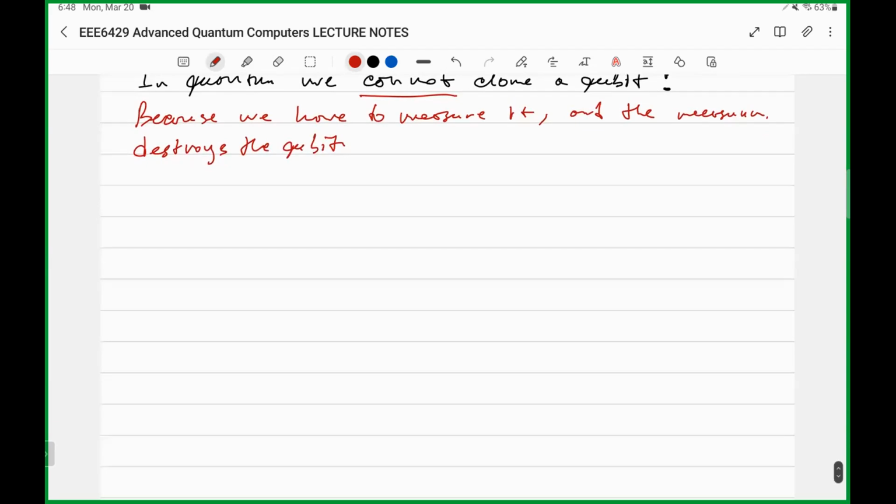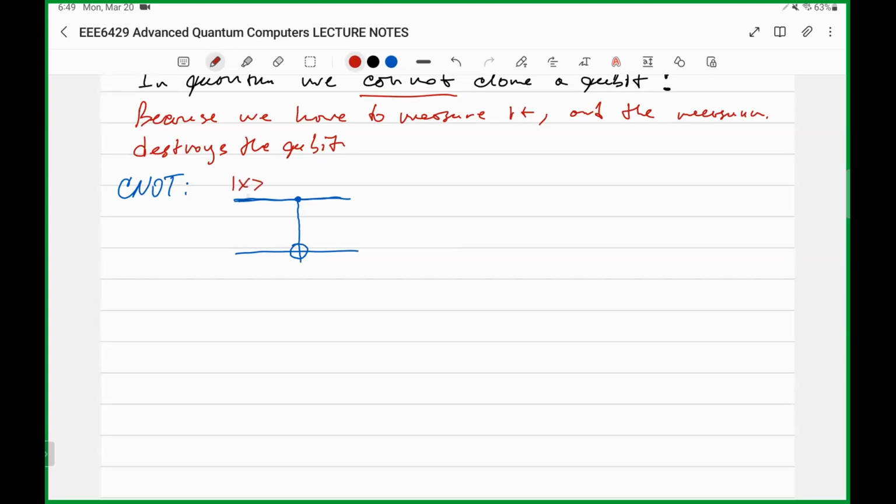So, for example, let's consider this CNOT gate again. For the CNOT gate, we have one qubit, another qubit. The first one is control, and the second one is target, right? And the logic of this 2-qubit gate is as follows.